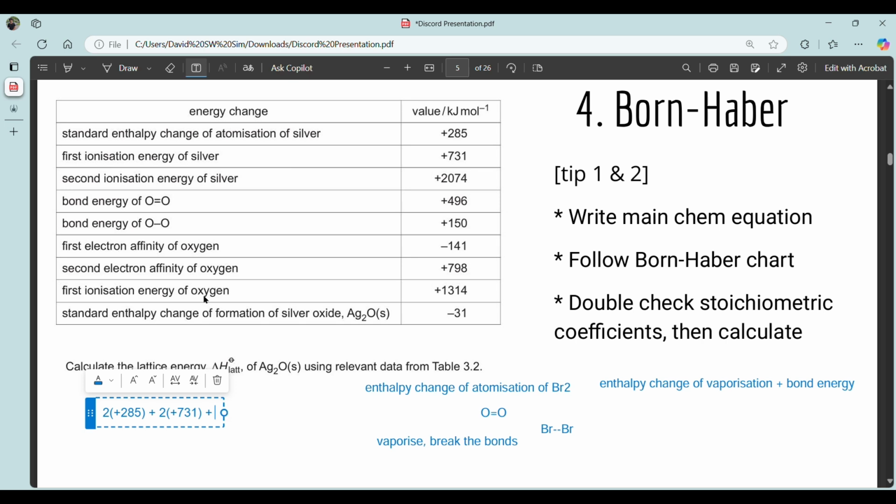So for the bond energy in this case, which one do we use? This or this? Well, we have to use the first one, the double bond. Why?